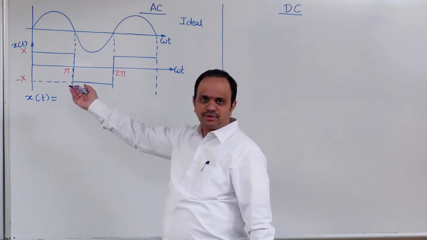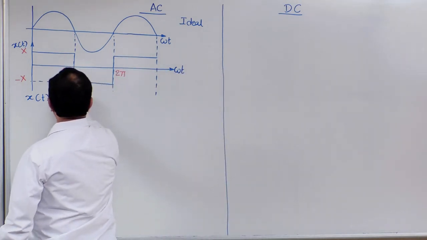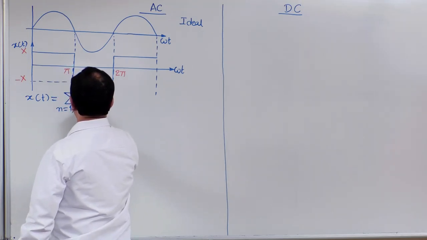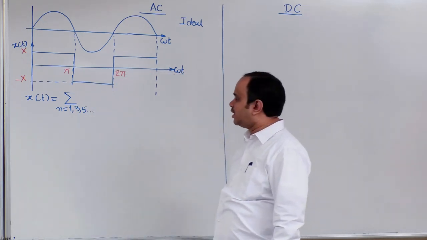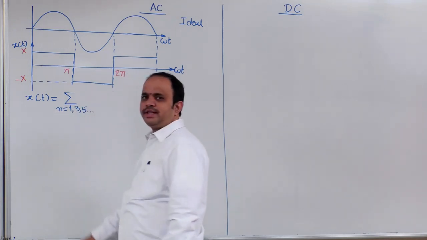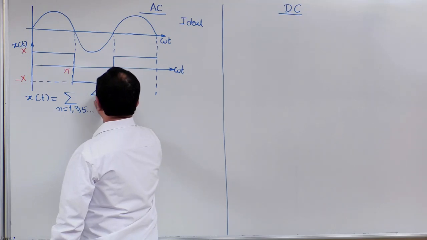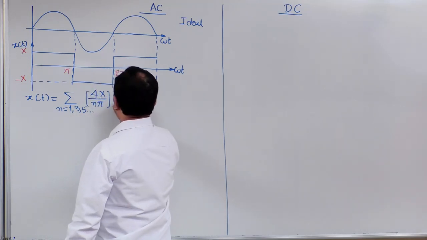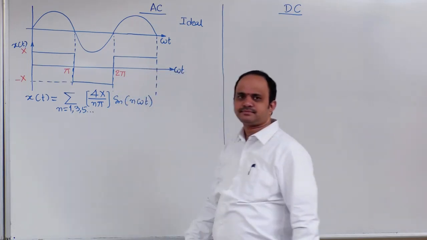DC component is 0, therefore no need to write the a0 by 2 term, and from our earlier derivation we concluded that this function contains all odd harmonics. So sigma n equals 1, 3, 5 and so on, 4x upon n pi multiplied with sine of n omega t.